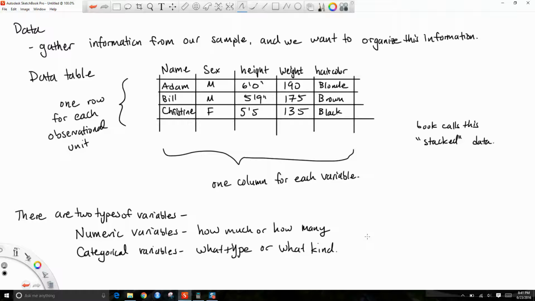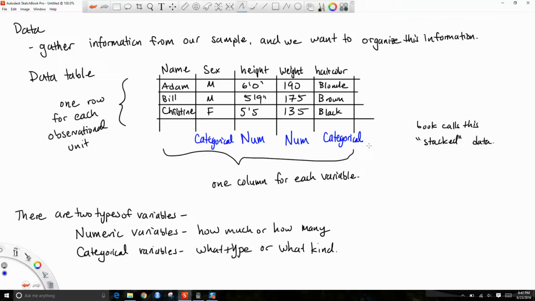Okay, and so looking at our data here, sex would be categorical, and height would be numeric, weight would be numeric, and hair color would be categorical.